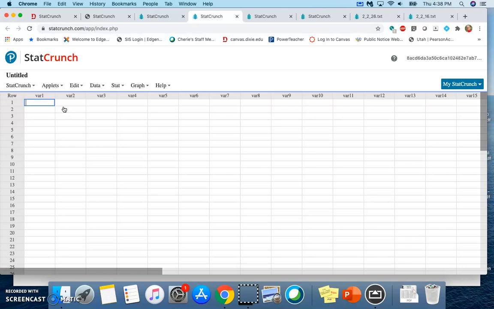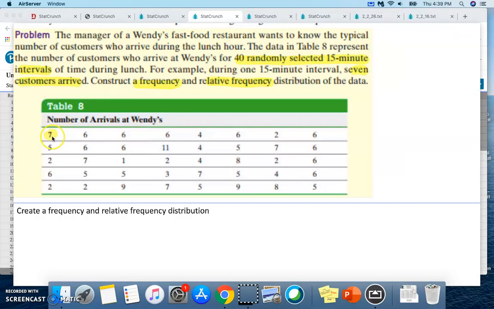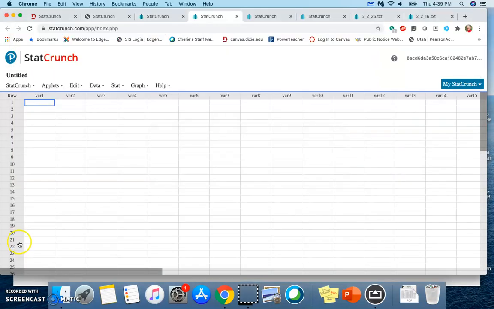Then I am going to enter in all of these data points, 7, 5, 2, 6, 2, 6, 6, 7, 5, 2, and so on and so forth. So I'm going to pause the video and get all that put in for us. Okay, so I've got all my data in here, and each of these represents how many customers came in during a 15-minute window.